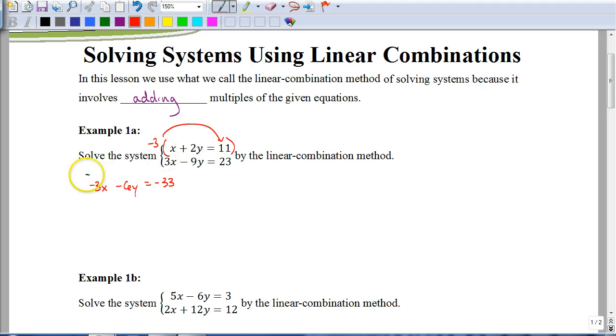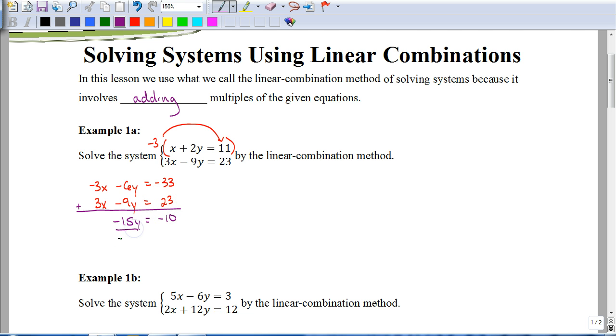Okay, so now I'm going to write underneath it the other equation, which was 3x minus 9y equals 23. If you notice, when we add these together, -3x plus 3x is 0. -6y plus -9y is -15y. And -33 plus 23 gives me -10.